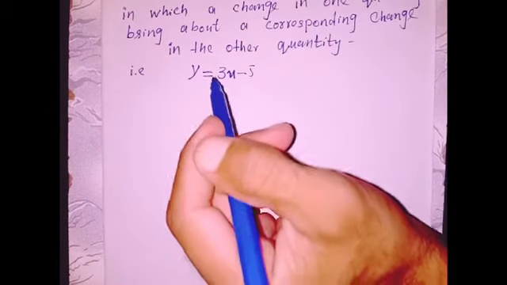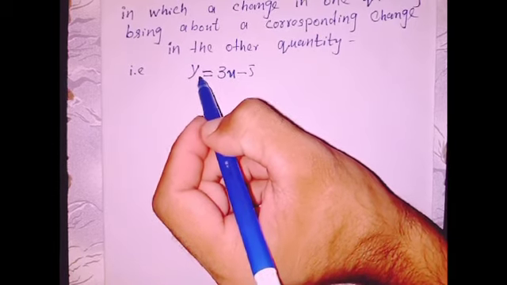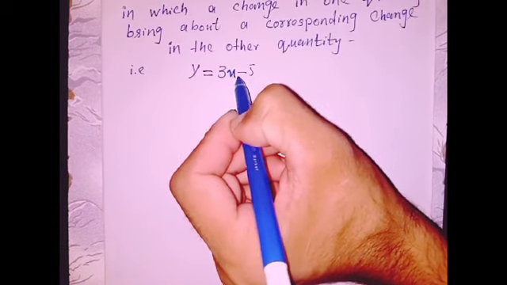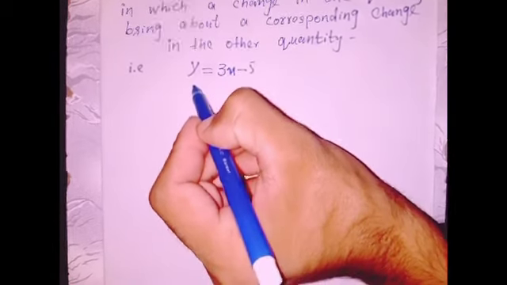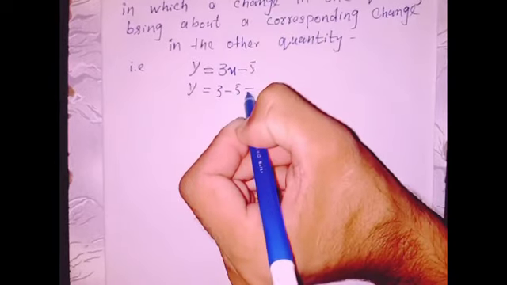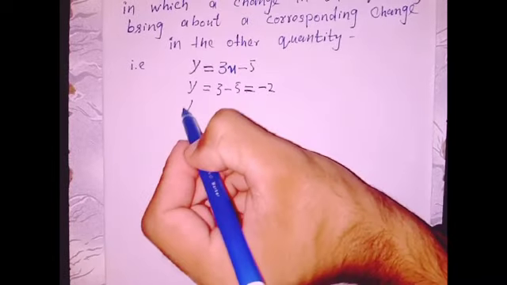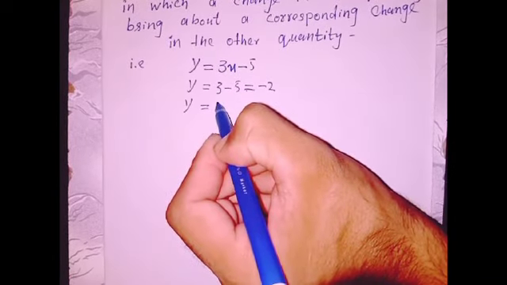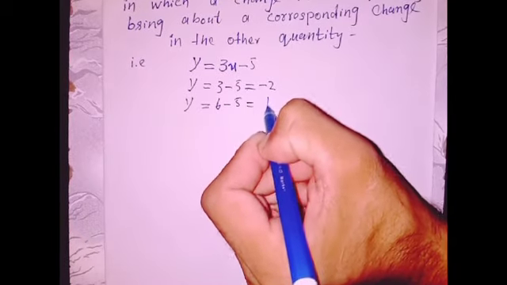Here we have a relation between two quantities, which is y is equal to 3x minus 5. If I put x is equal to 1, I get 3 minus 5, which gives me minus 2. If I put x is equal to 2, it gives me 6 minus 5 is equal to 1.